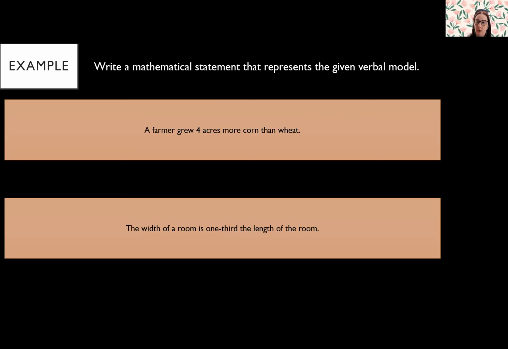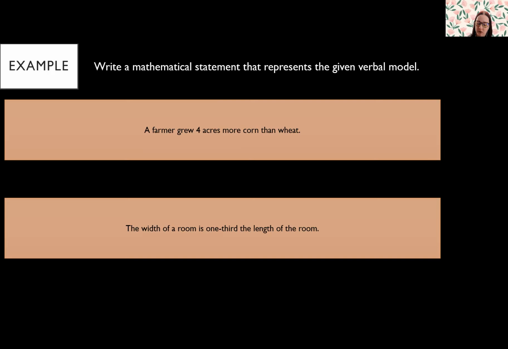So we've got a farmer grew, and that's kind of unnecessary here, other than telling us we're writing an equation to represent something. We've got 4 acres more corn than wheat.